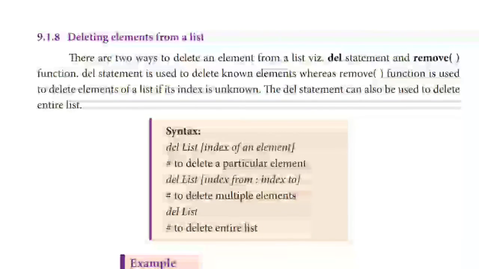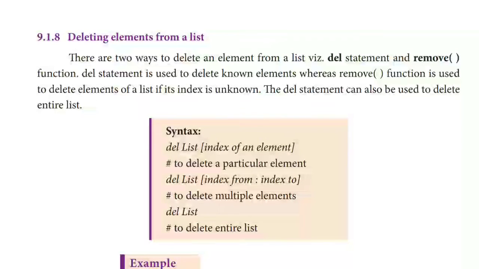There are two ways to delete an element from a list, that is by del statement and remove function. You have to find the difference between the del statement, which is an instruction, and the remove function, which is a predefined function.